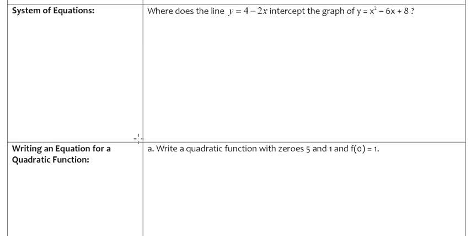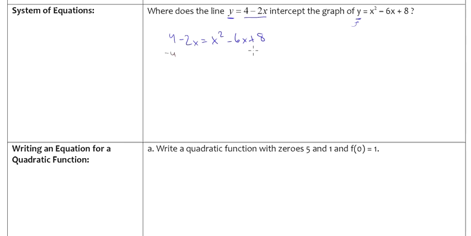So we'll go ahead and substitute these together. Notice we got y here and y here. So I'm going to plug in 4 minus 2x in for this y right here. And so 4 minus 2x equals x squared minus 6x plus 8. All right, and it's a quadratic equation, so let's get it all set equal to 0.